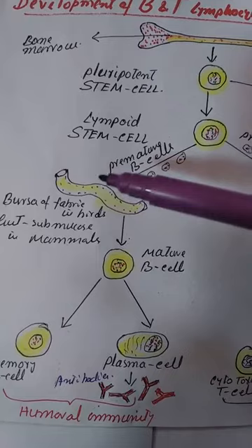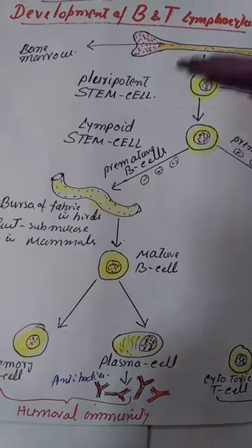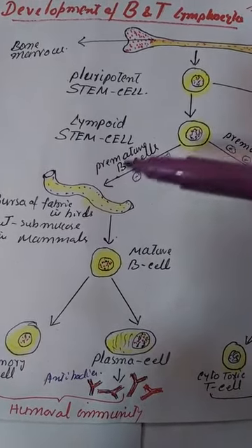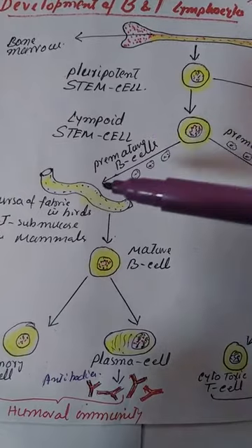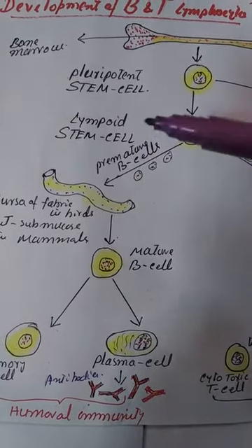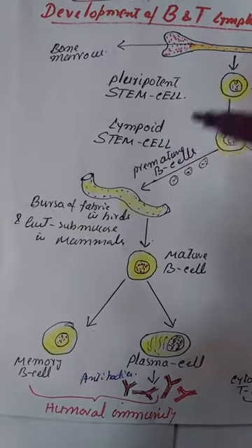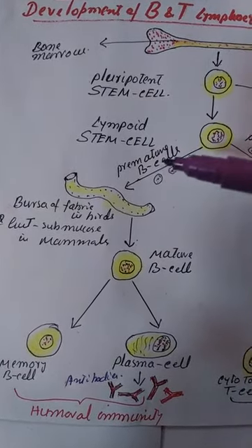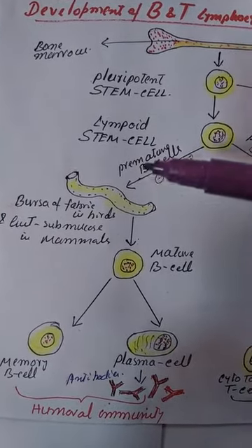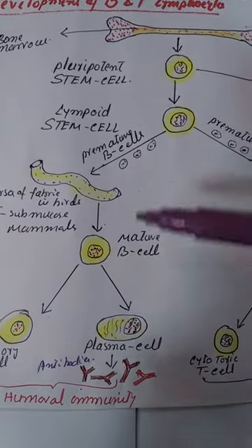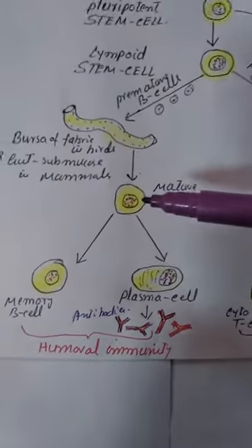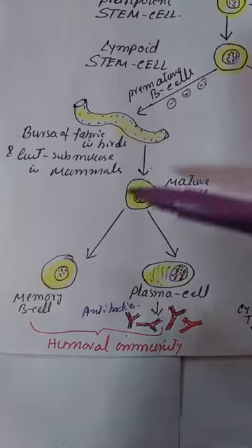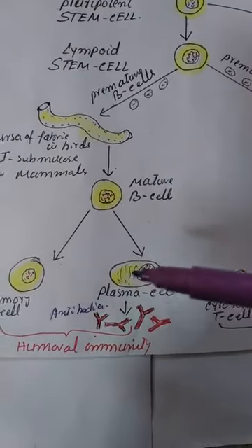That is why their name is B lymphocyte. That means their development takes place in the bursa of Fabricius in birds, while in mammals the maturity of these immature B cells occurs in the gut submucosa. These mature B cells then differentiate into memory cells and plasma cells.